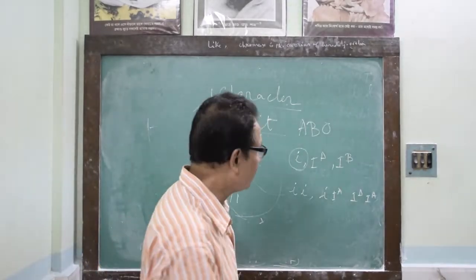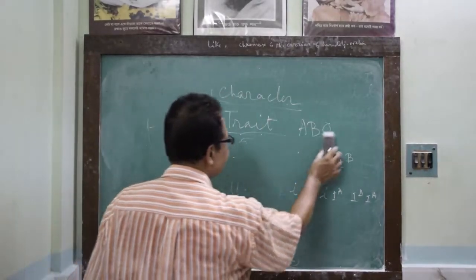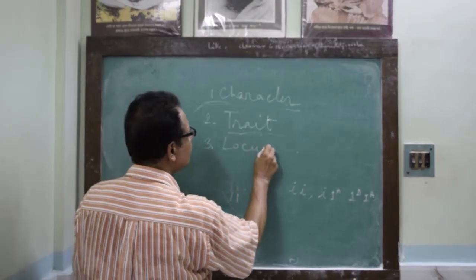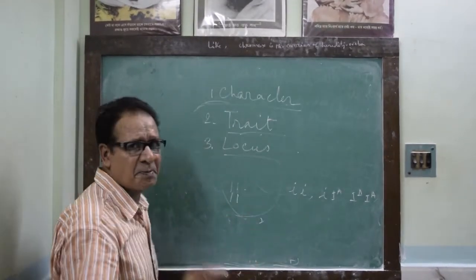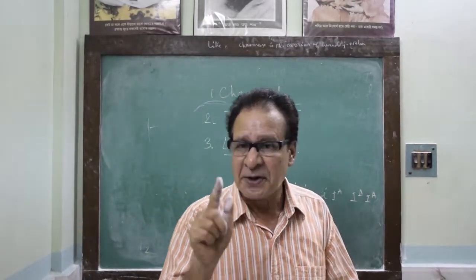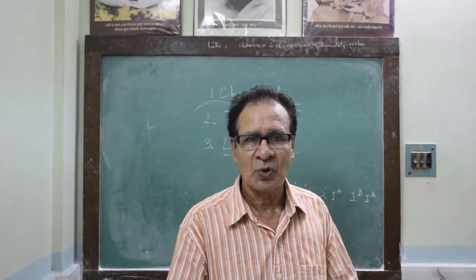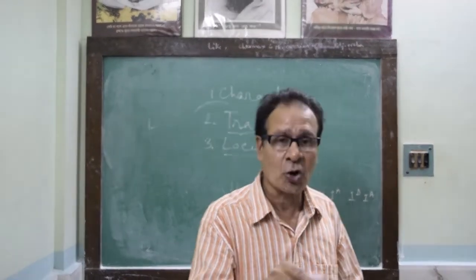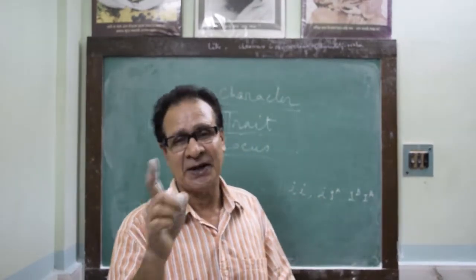Okay, number 3, locus. A specific gene is present in a particular position of a particular chromosome. This position is called the locus of that gene.